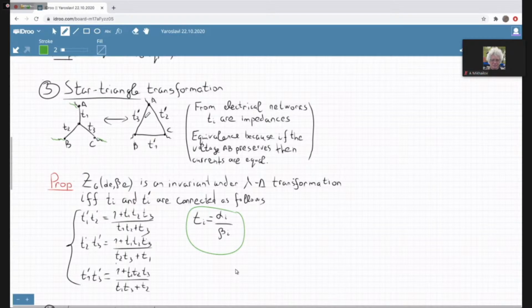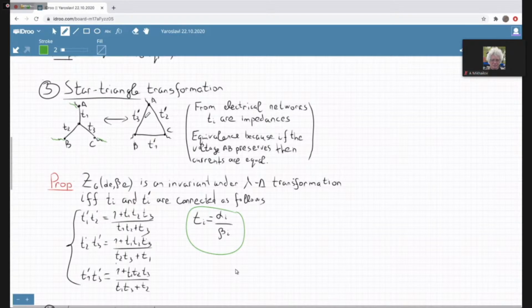Its origin is from electrical networks, where the Ti are impedances, and in electrical networks these two networks are equivalent because the voltage between two nodes is preserved, then the currents are equal.